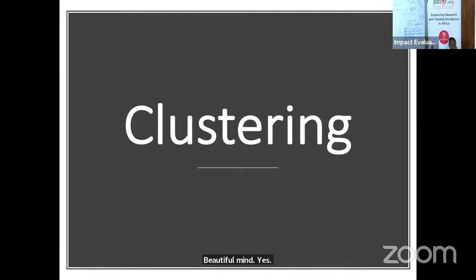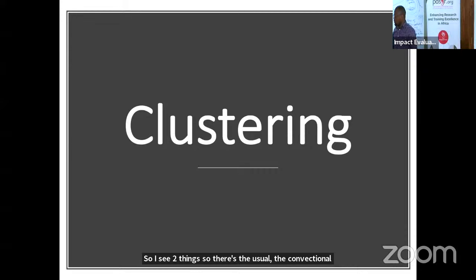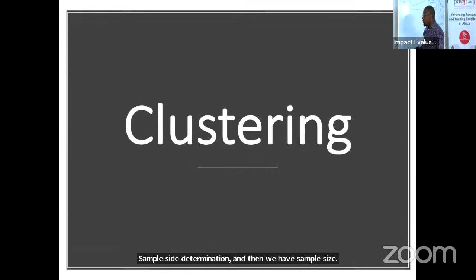So taking us back to sampling, the sample size determination. I see two things. There is the conventional way of doing sample size determination, and then we have sample size determination for impact evaluation, right?